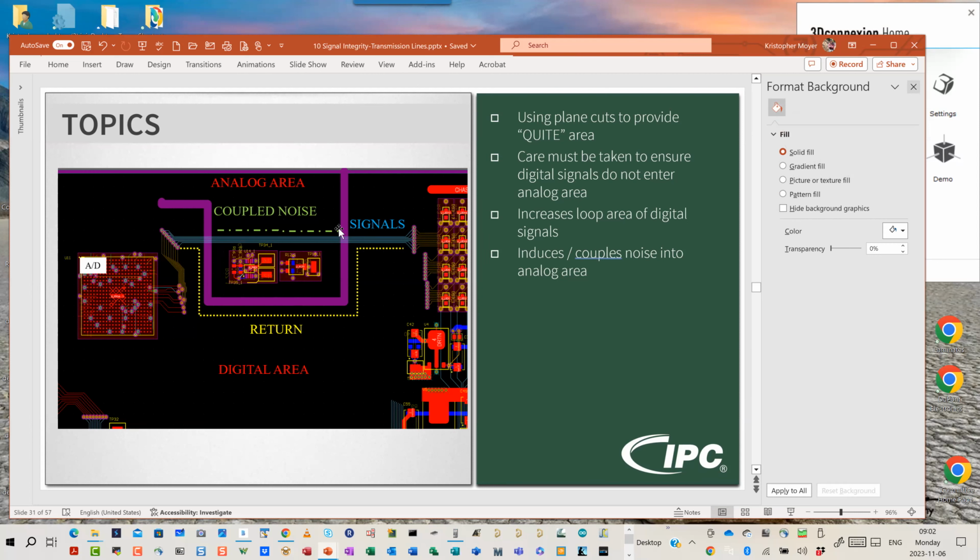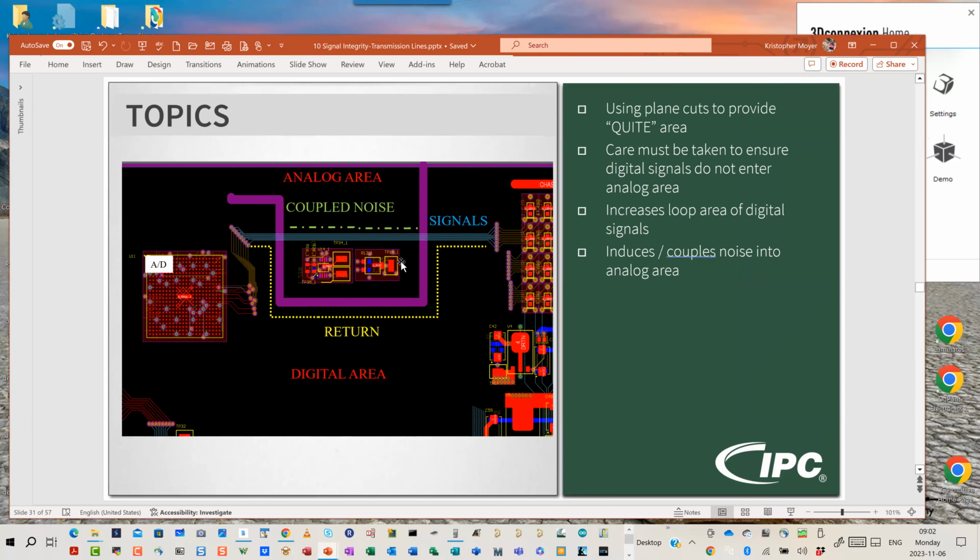And so I want to have an analog area right here. So I put the split plane boundary right here to say this area of the return plane, which is the black, as we know from Altium. Now the black represents the return area, which wants to have its signals come out here and maybe route in here.